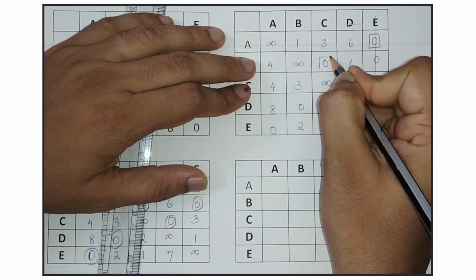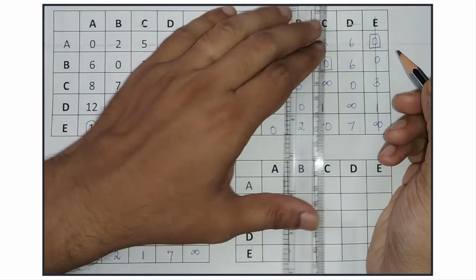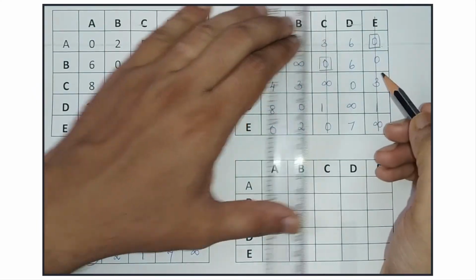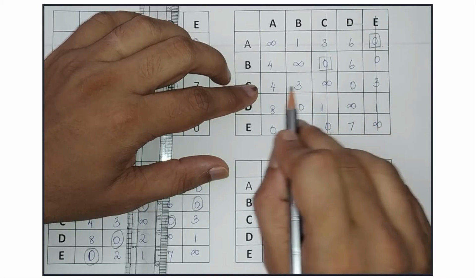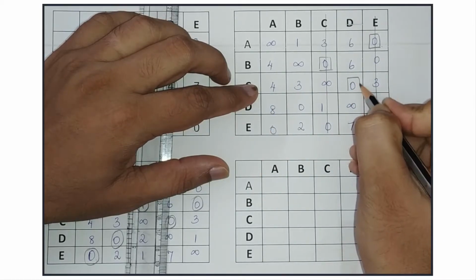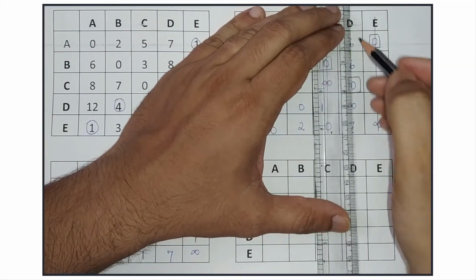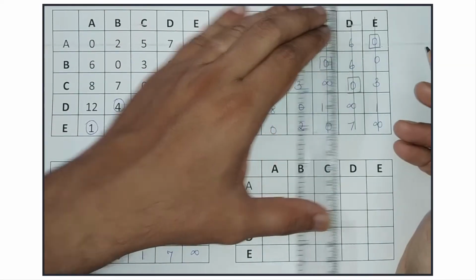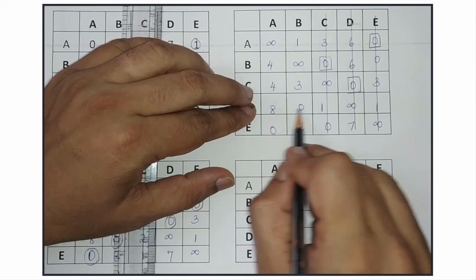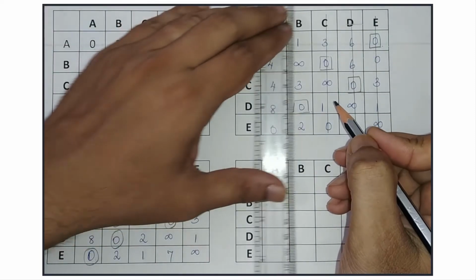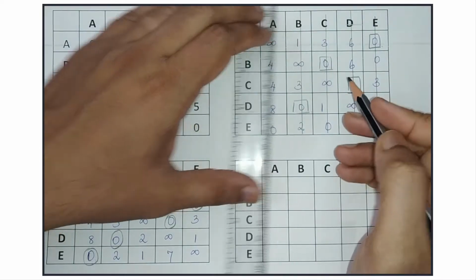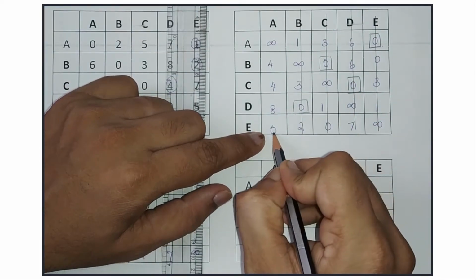So we'll take that 0 and delete the entire column. Now here again, there is a single 0. Take that 0 and delete the entire column. Again we have a 0 here. Delete the entire column. Now again we have a 0 here.